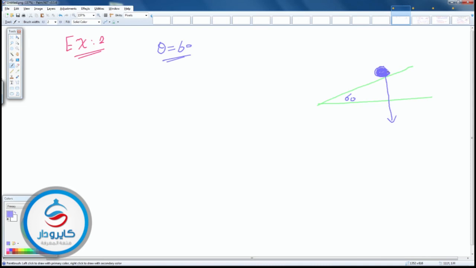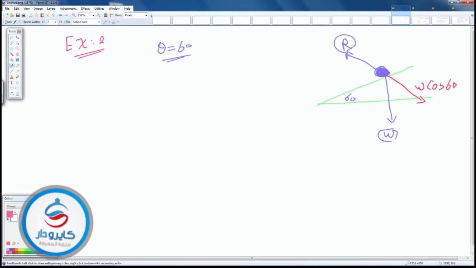This is W and this is R. Now we have W cosine 60, don't forget to write 60 here, and this is W sine 60, and we have P. Now P is the friction force.